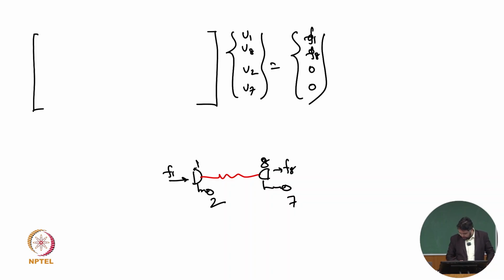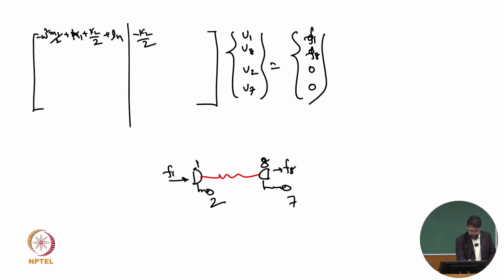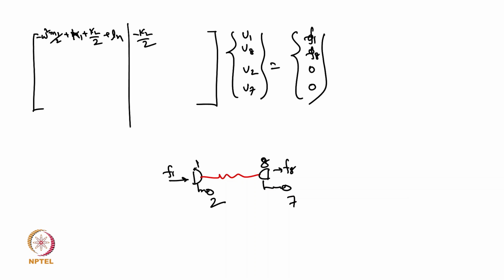So here, the matrix looks like omega square m1 by 2 plus k1 plus k2 by 2 plus ln, and minus k2 by 2 in the next one. So like this way, it's a complicated matrix. I am not writing that full matrix here. You can refer to the paper or book, or I can show that one also.